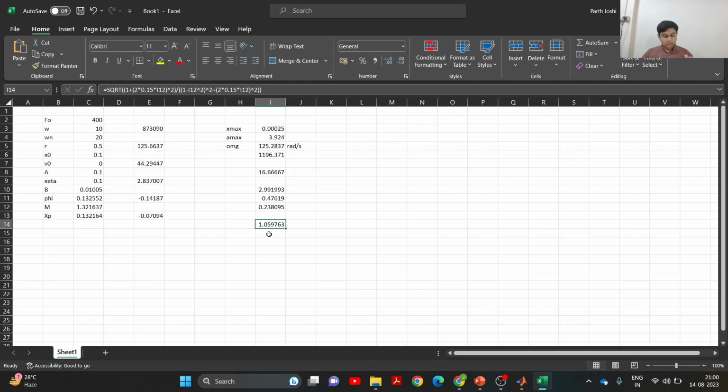And also we need to find out the most unfavorable speed for the passenger. That will be when the frequency of excitation matches the natural frequency.